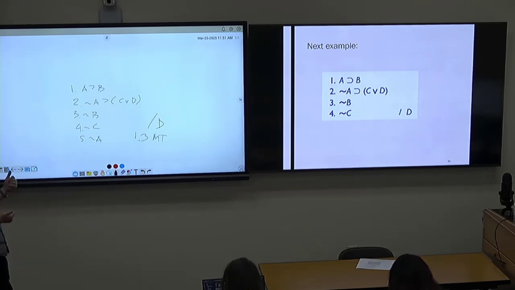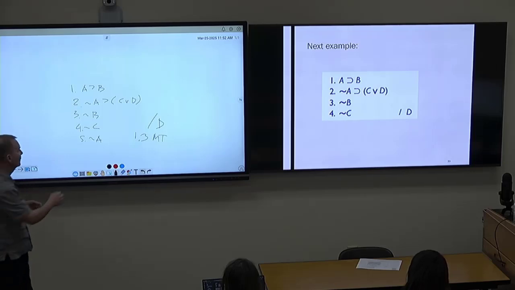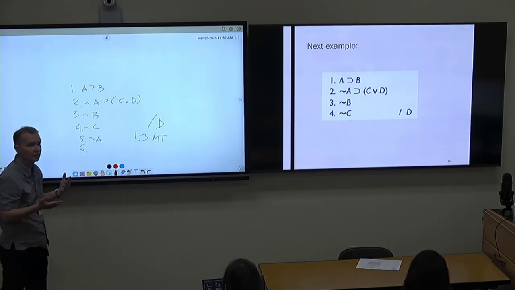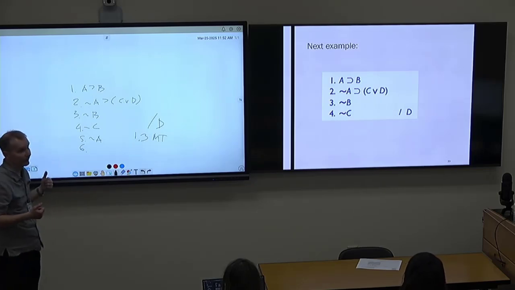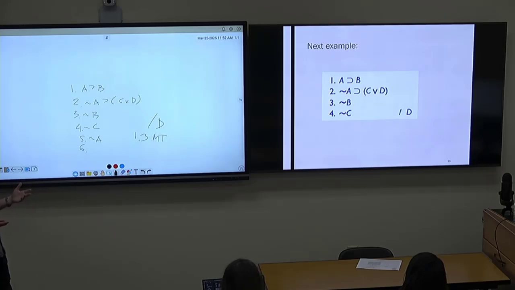So we can use that as well to get to what? Not D yet. We can't get straight to D. Well, eventually we'll get to D, but at this step, for line 6, because that's a little more complicated, right? If we use lines 2 and 5, and which rule?